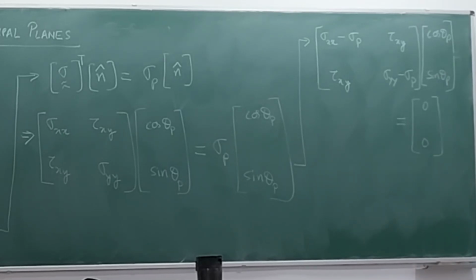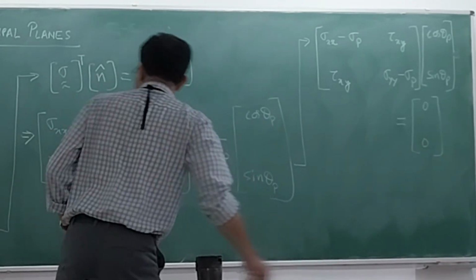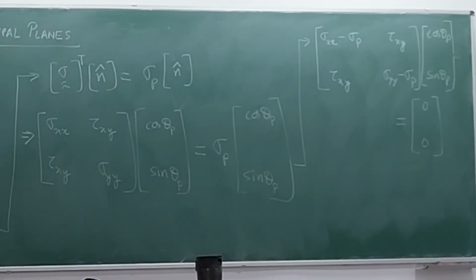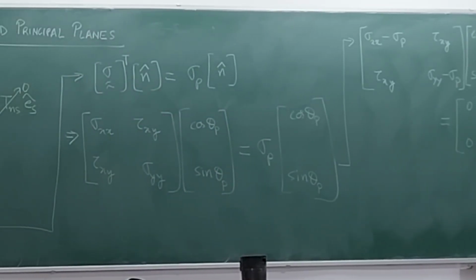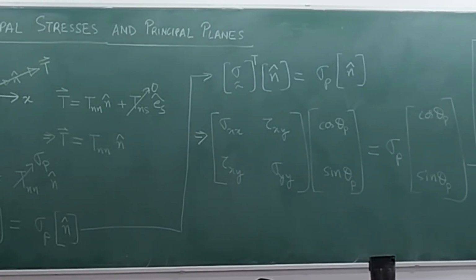That is the logic. So in order to find non-trivial solutions of this theta p, what do we need to do? We need to use the condition that the determinant of this matrix is equal to 0. So for non-trivial solutions, let me keep this.